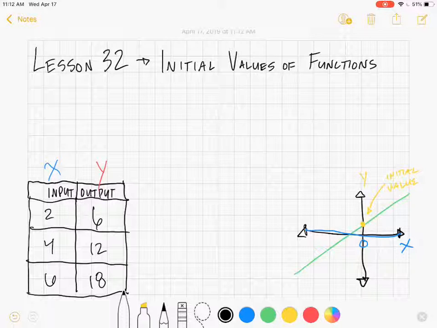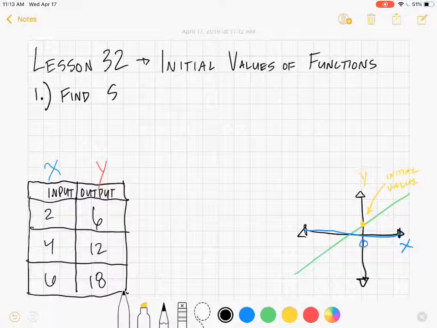I'll write our steps out here. Step 1, find the rate of change or the slope. Step 2, substitute values of x, y, and m into the equation.